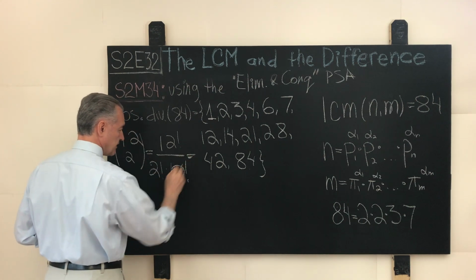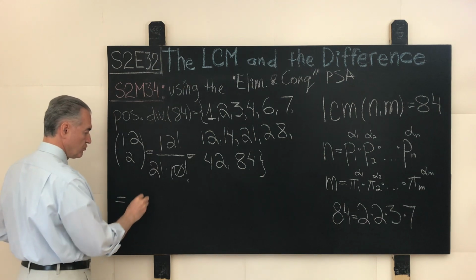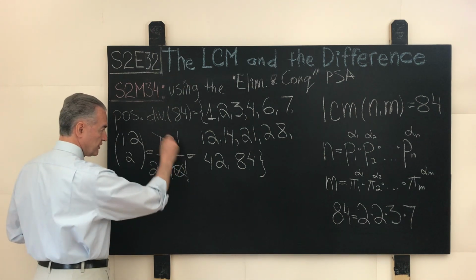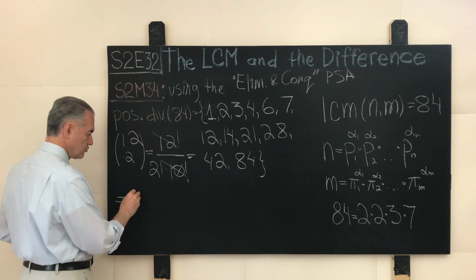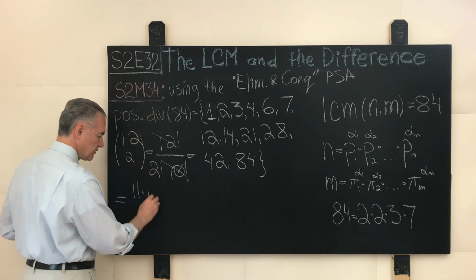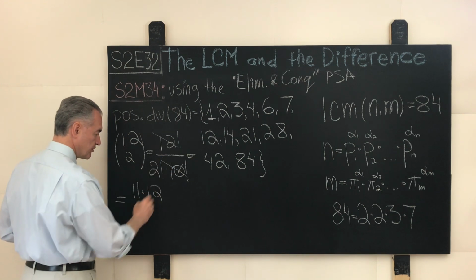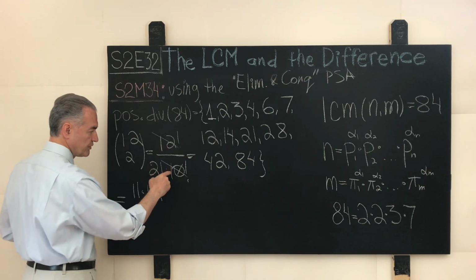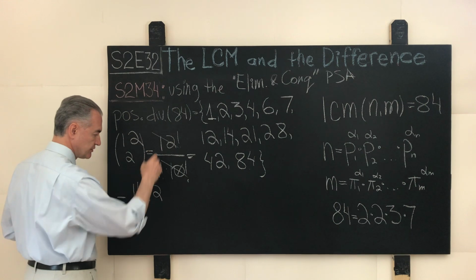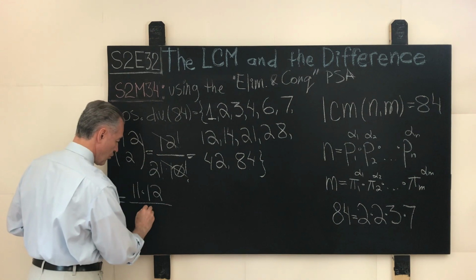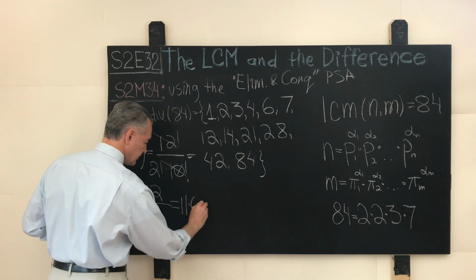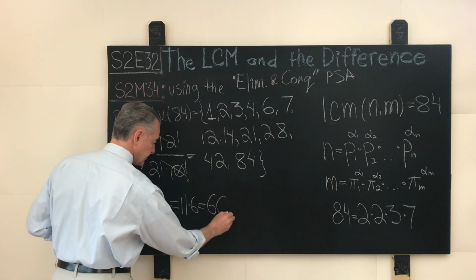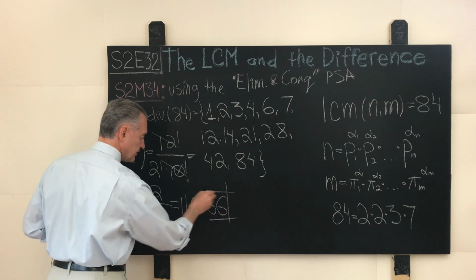Let's carry out this computation. The 10 factorial and the 12 factorial will cancel each other out and degenerate into what? 11 times 12. That's what remains from the 12 factorial once the 10 factorial is canceled out from it, over 2. And that means what? 11 times 6 is equal to 66. And that is our number.